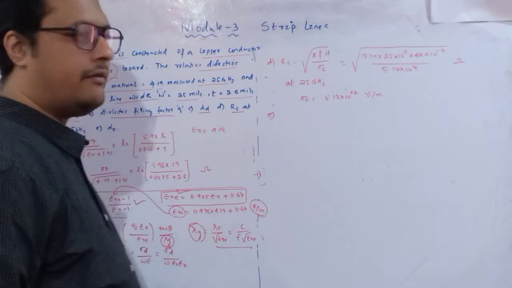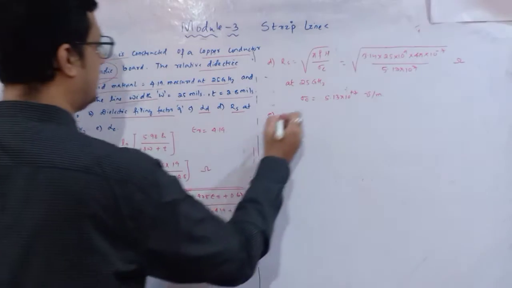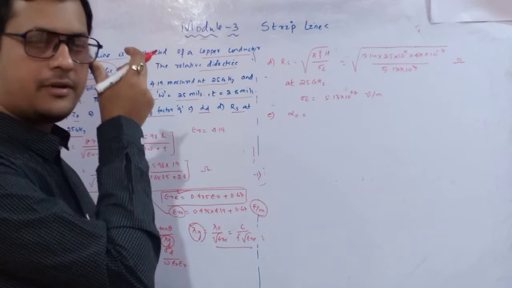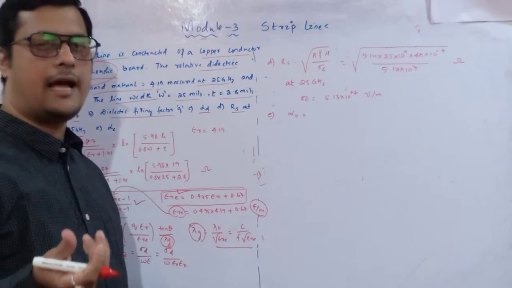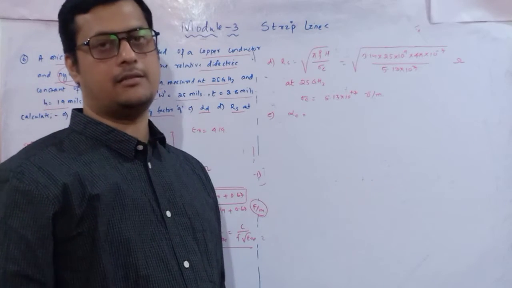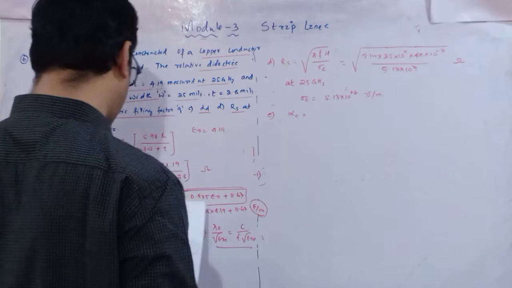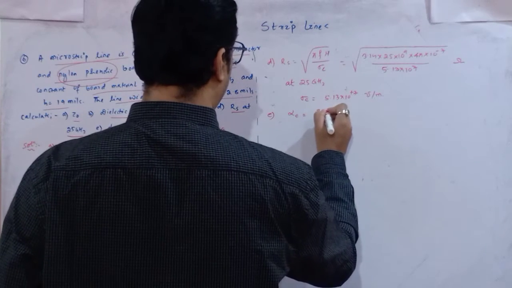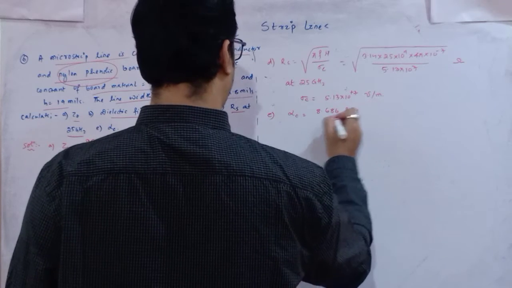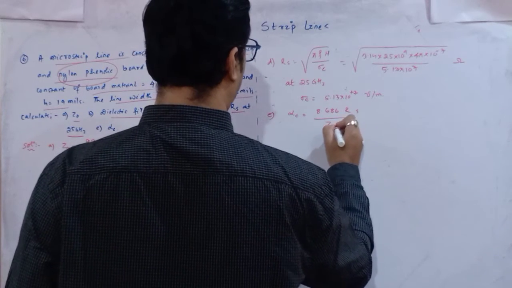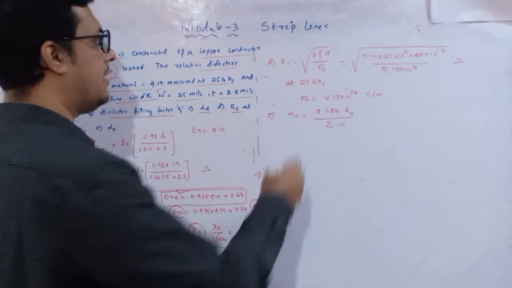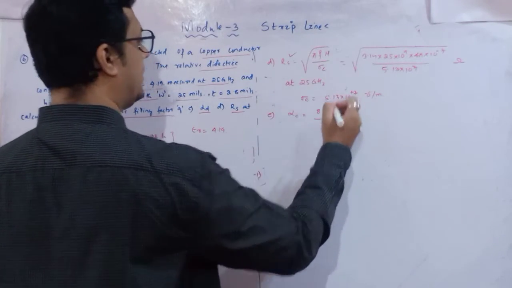Okay. Now we are left with alpha suffix c, attenuation constant due to the conductor, because since it is a strip line, it will have the attenuation loss due to the contribution of the conductor as well as your dielectric medium. So alpha c, we have the relation, it is 8.686 into surface resistance divided by Z0 into W. Whatever surface resistance we have calculated, you need to substitute in this one.